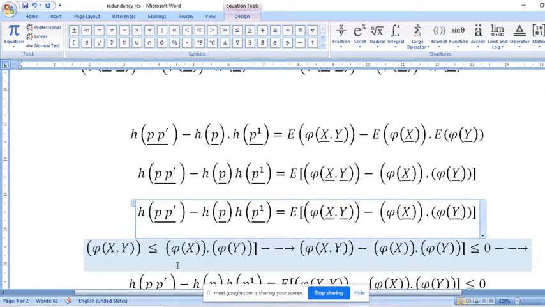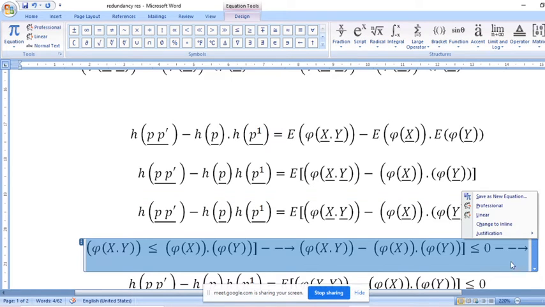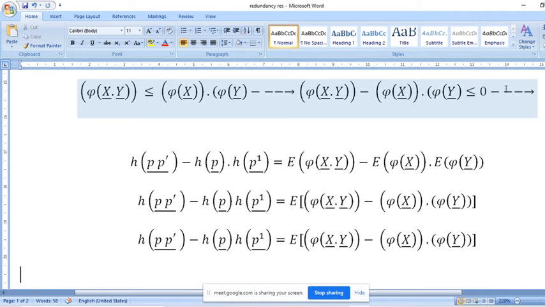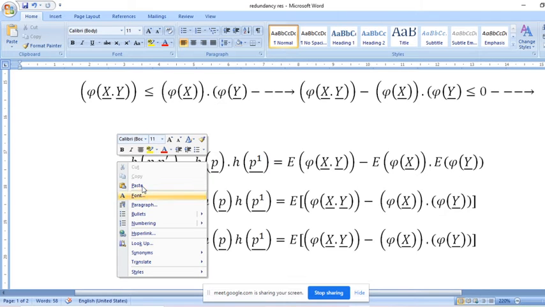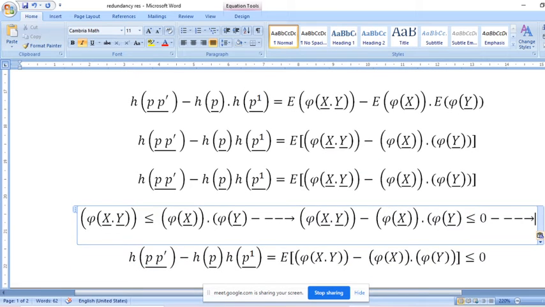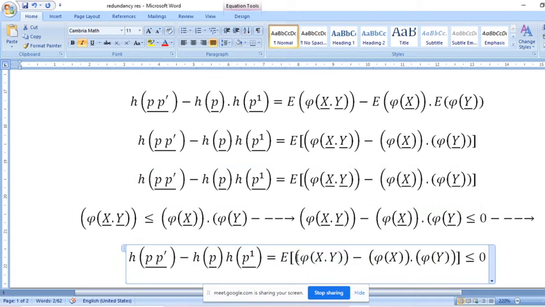We have already discussed that phi of x into y. Just remove this one. Okay. So this can be applied here, and then we can substitute the inequality here also.